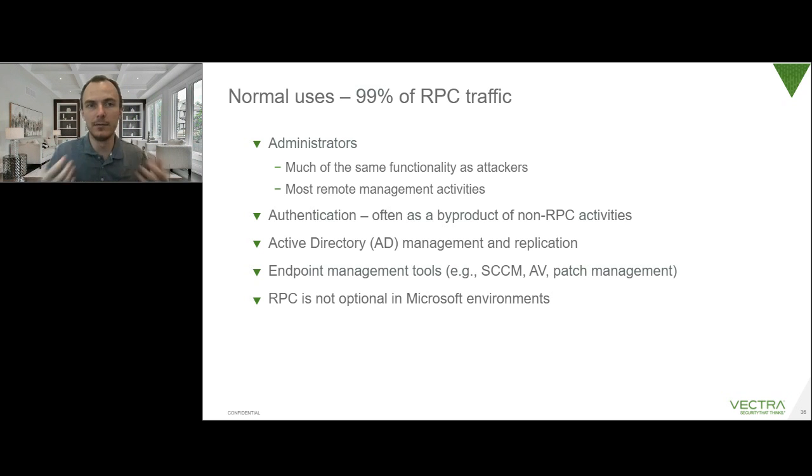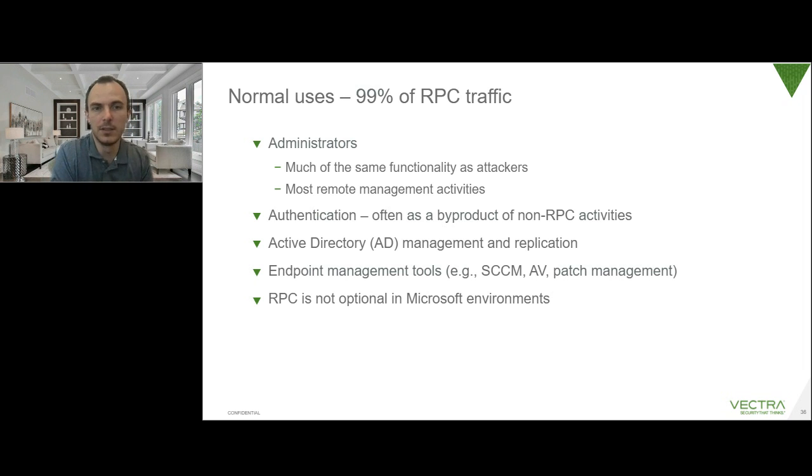So you have administrators doing things remotely. They're not going to be able to access everything locally. Just general authentication, you'll see this. AD management, domain replication between DCs, endpoint management, patching as an example, your EDRs as they're communicating, you may see this sort of stuff, right?